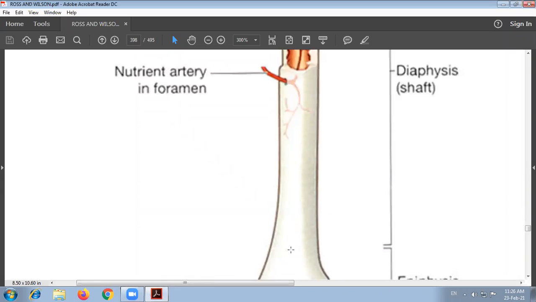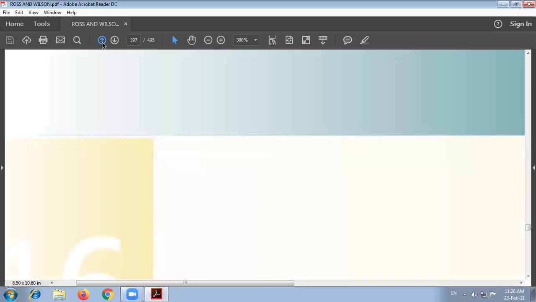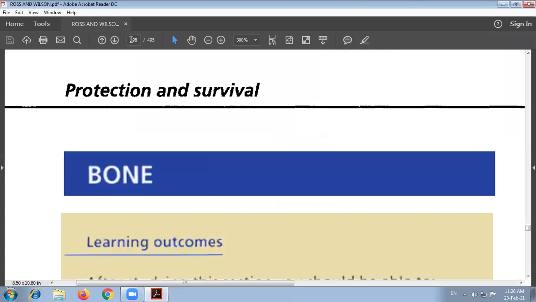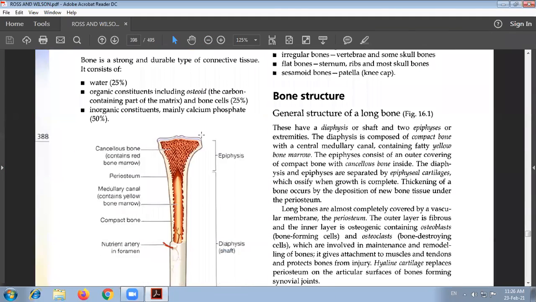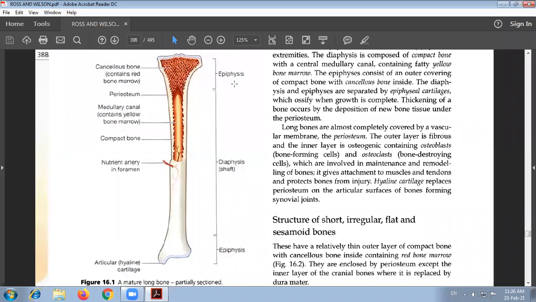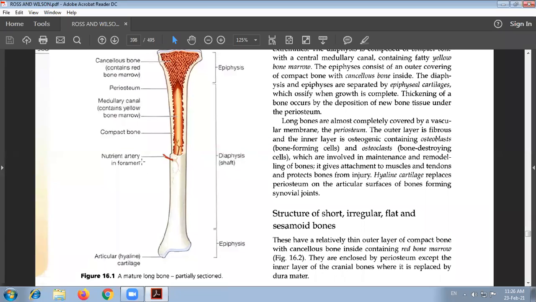So this is the normal structure of our bone, and we can see here the complete structure. You can see here the epiphysis and the diaphysis, which is called the shaft. The outer layer of the bone is a hard one, made up of the periosteum.